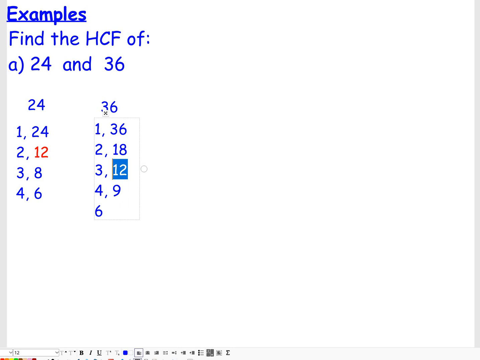So the HCF is equal to 12. And again, you may have known that straight away, but it's really important to show your workings and how we've got the answer of 12.